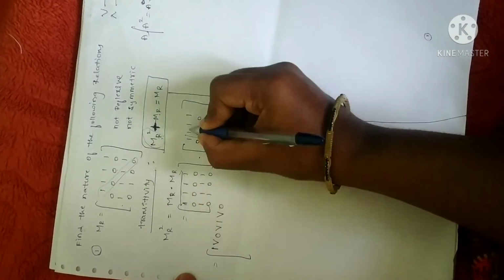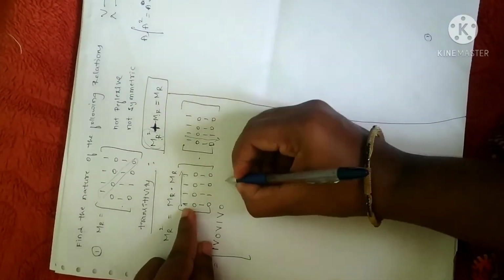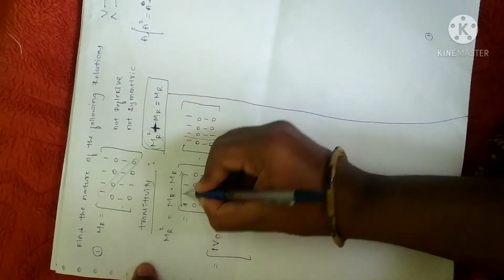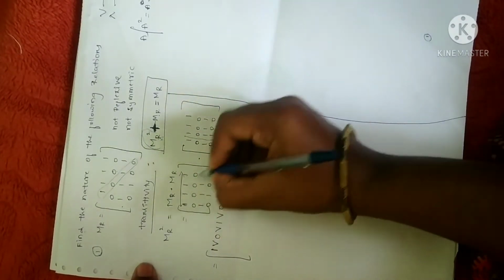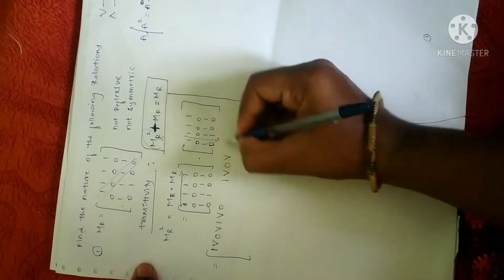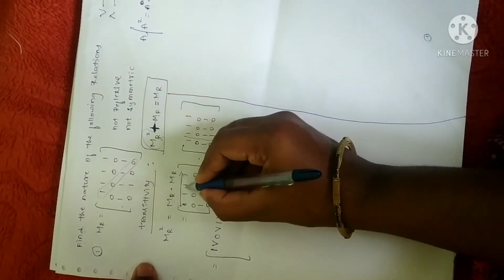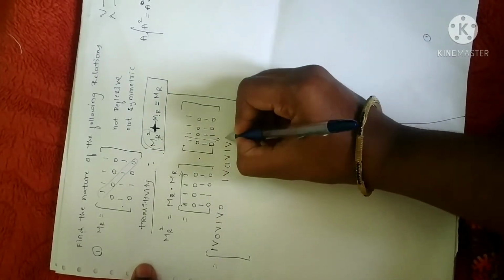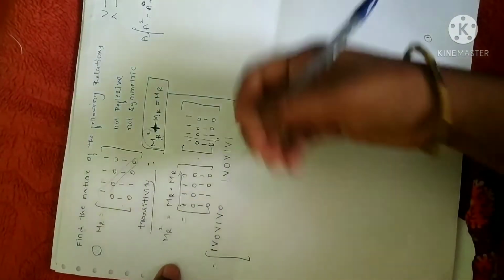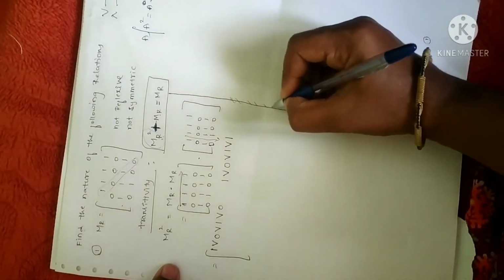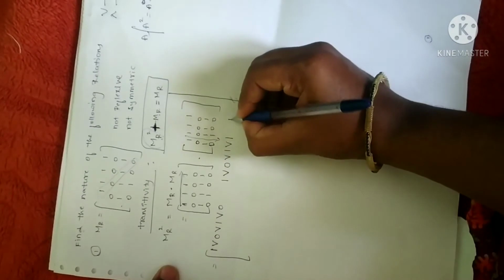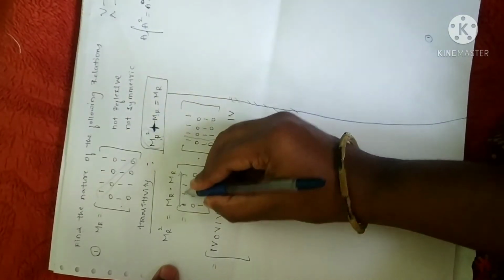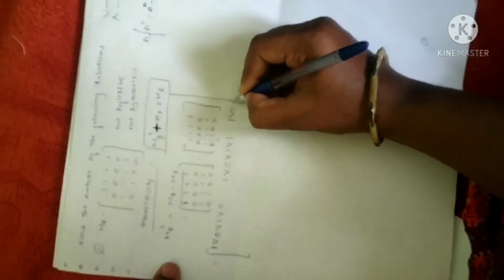Now, first row with the second column. 1 meet 1, 1. Join. 1 meet 0, 0. Join. 1 meet 1, 1. Join. 1 meet 1, 1. Next, the third column. 1 meet 1, 1. Join. 1 meet 0, 0.